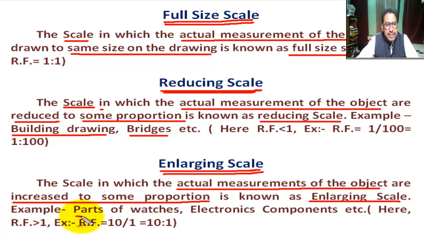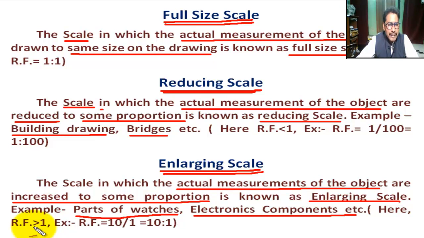Example, parts of watches, electronics components, etc. Here RF is greater than 1. RF equal to length of the drawing by actual length of the object.